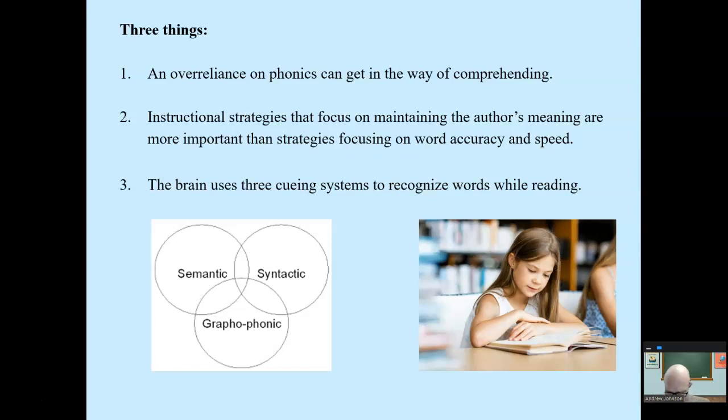Including only strategies and instruction to develop the phonological cueing system, as is done in most skills-based phonics-heavy reading programs, severely impedes students' development as readers, especially those readers who might struggle with phonics in the first place.